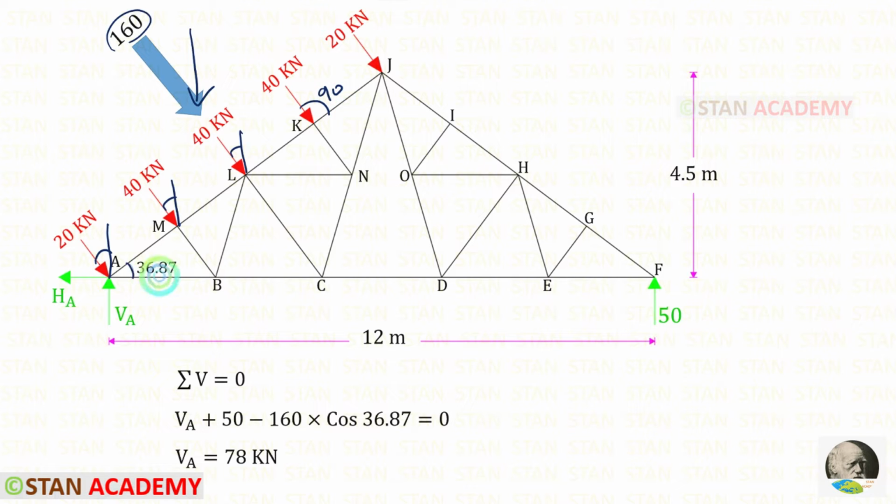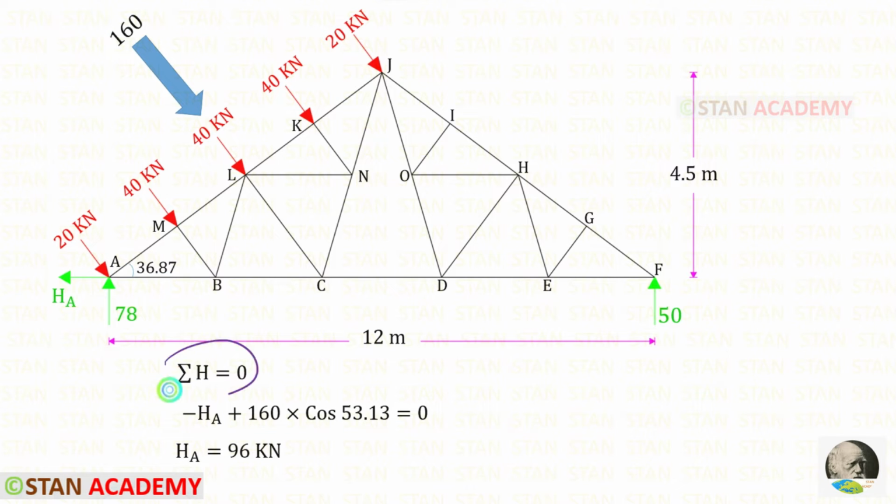So if this angle is 36.87, this angle also should be 36.87. Since the resultant is acting downwards, it will be negative, and then we have to multiply with the cos 36.87. In this way, for VA, we will get a 78 kilonewton.